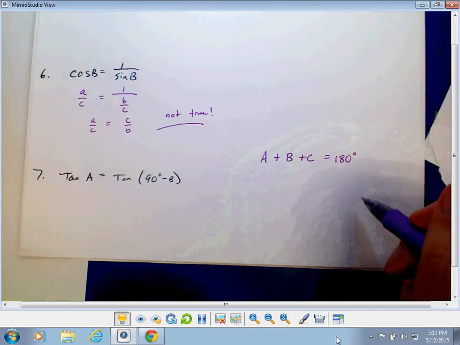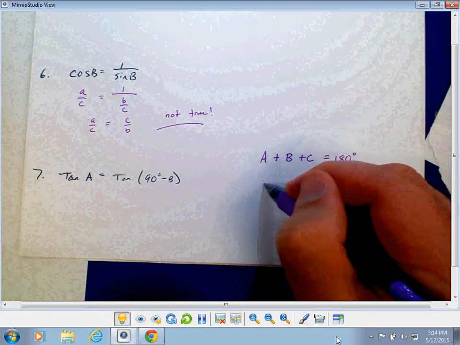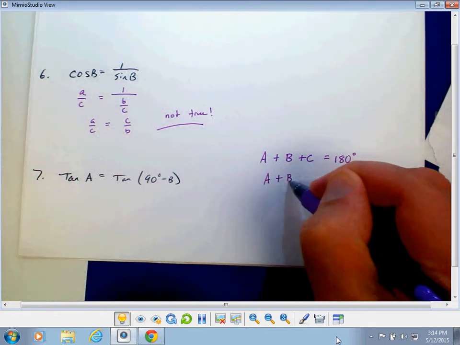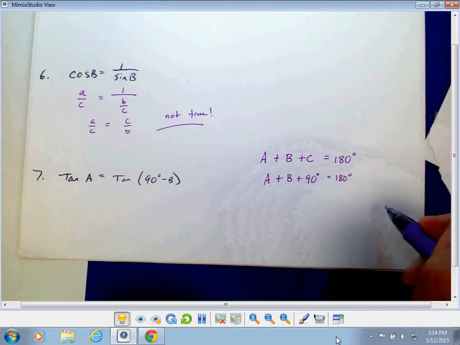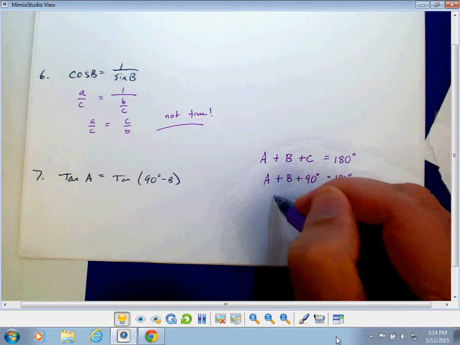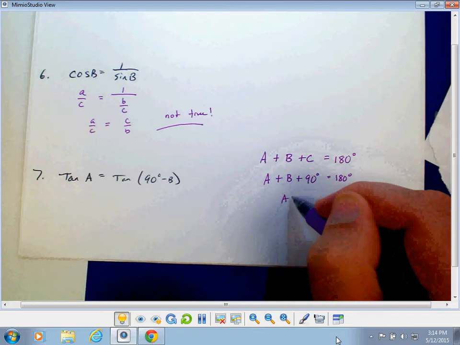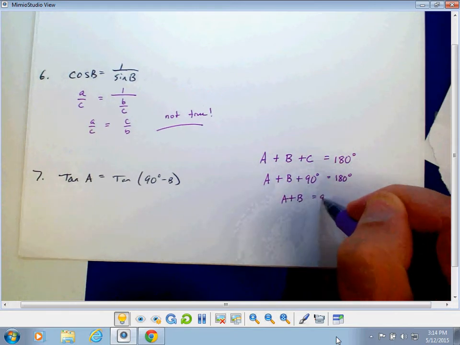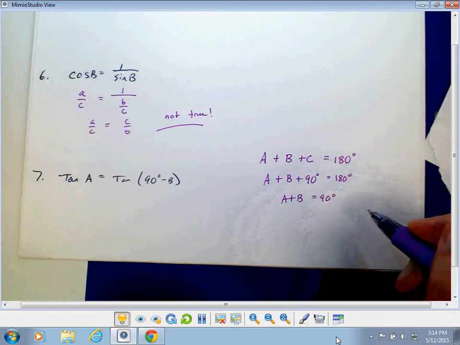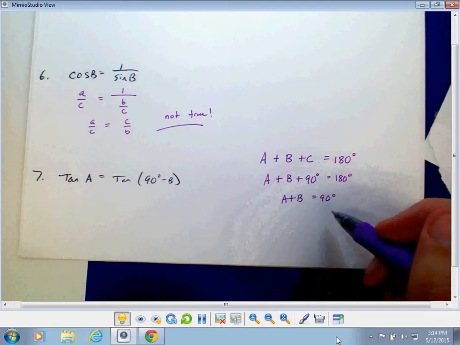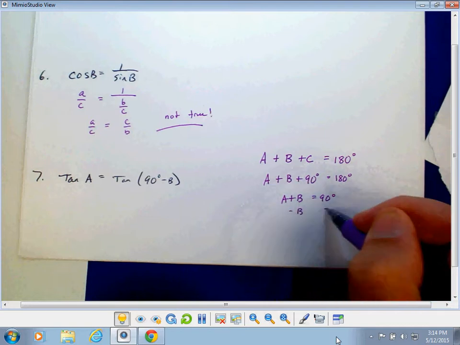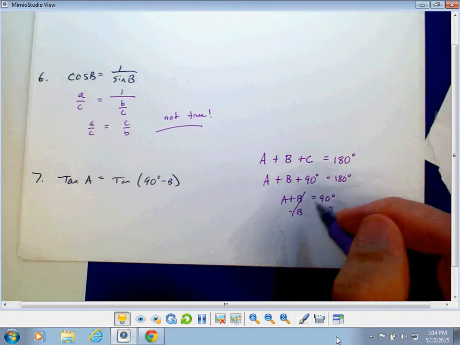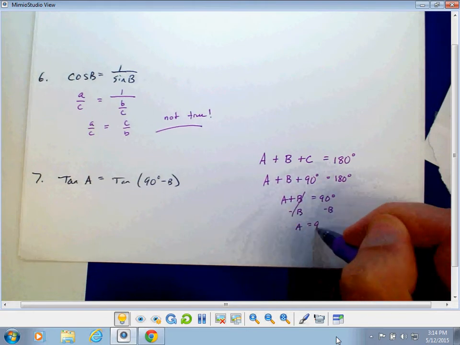If you allow the idea that C is always the 90-degree angle, then I have A plus B plus 90 equals 180. So if I subtract the 90 away, I get A plus B equals 90. And if I want to solve this for A, I would subtract B from both sides, and that would give me A equals 90 minus B.